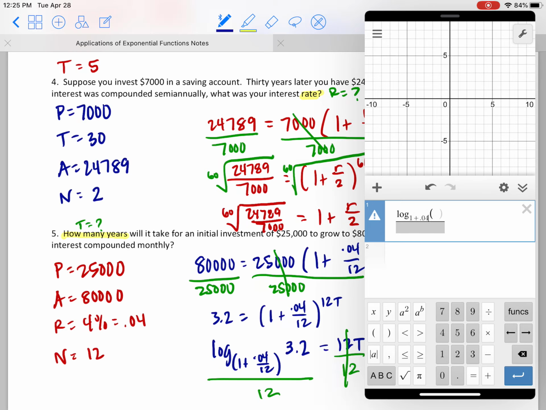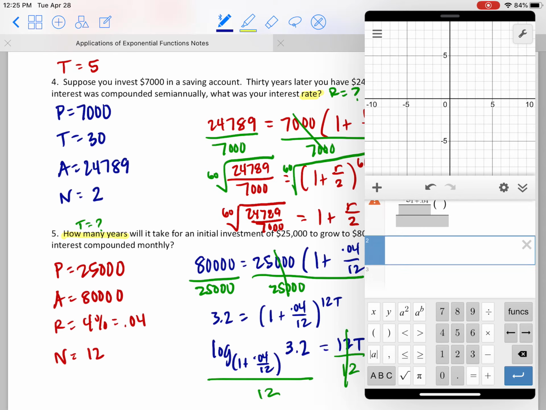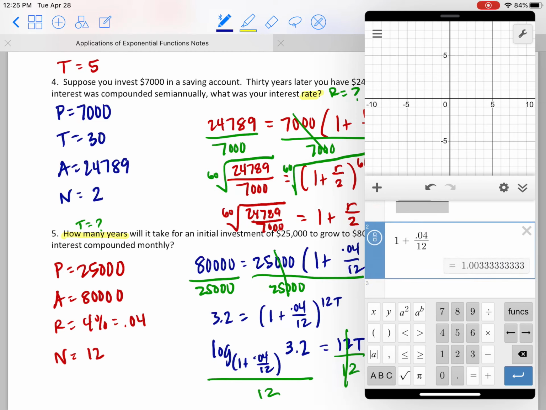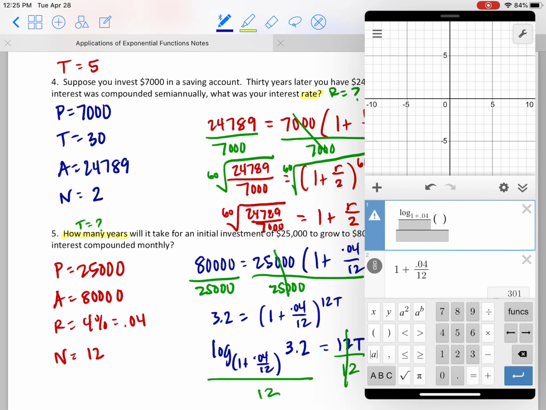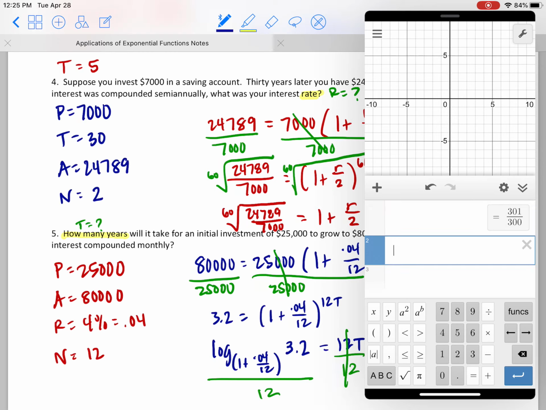Make a fraction first, so it's going to be the log, and the base of the log is, I don't know if it's going to let me put 1 plus 0.04 over 12. Nope. Let me fix this again.